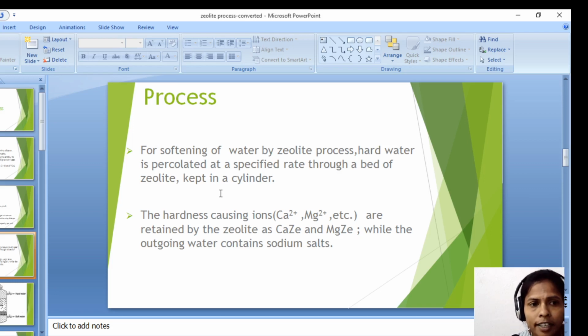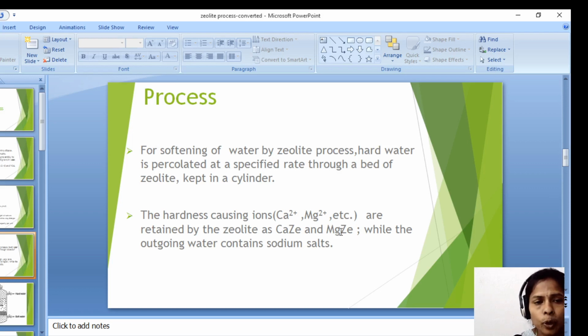This zeolite bed is placed in the cylinder. The hardness-causing ions, calcium 2+ and magnesium 2+, are retained by the zeolite as calcium zeolite and magnesium zeolite. The hard water has calcium 2+ and magnesium 2+ ions, and these are exchanged with the sodium ions in the zeolite.